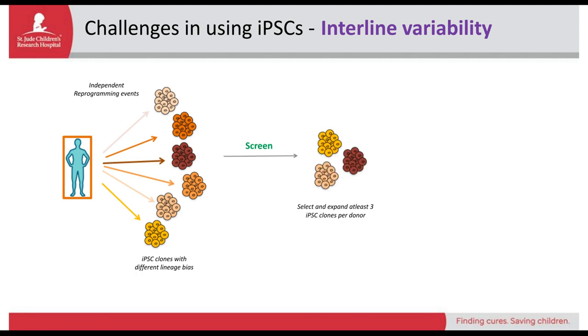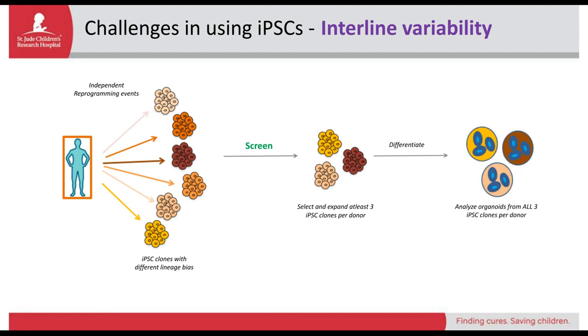So the idea is to generate multiple clones from each donor, so let's say 6 iPS clones from each donor, and then you would screen these clones and identify at least 3 clones per donor which are best suited for your purposes, and then differentiate all 3 iPS clones from each donor into organoids or whatever downstream differentiation that you want to do. And then you would analyze basically organoids from all of those 3 clones.